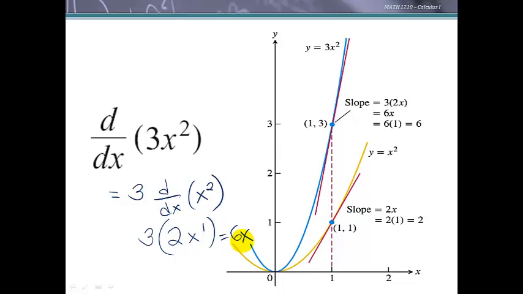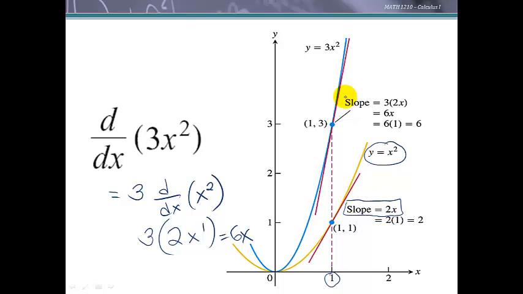Looking at this graphically, you can see that if we just had the function y equals x squared and we looked at the slope, it would be 2x. For a given x, for example, if x equals 1, we could substitute a 1 in here and we see that the slope is 2.